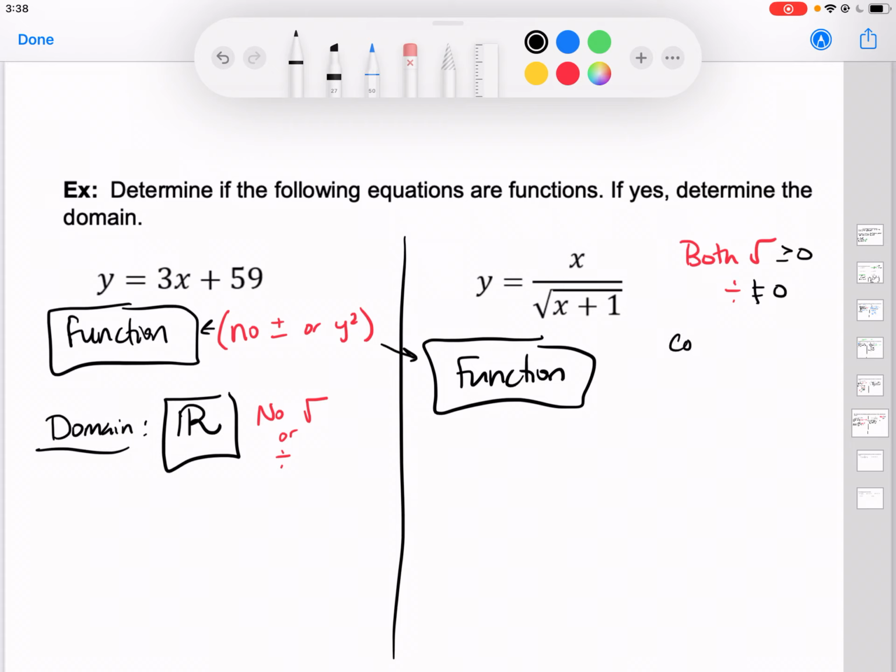So when you combine them, if we're dividing by a square root, you would say that the inside has to be greater than 0. So we just make it so it's not equal to 0. Take the little equal to symbol off. So for this problem, I'd just say x plus 1 is greater than 0.